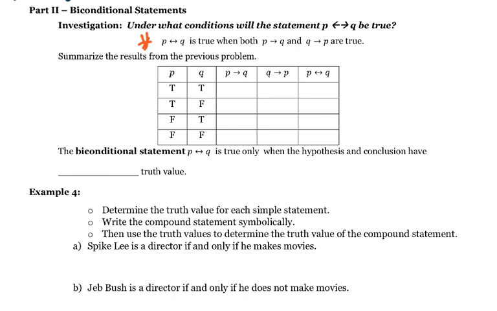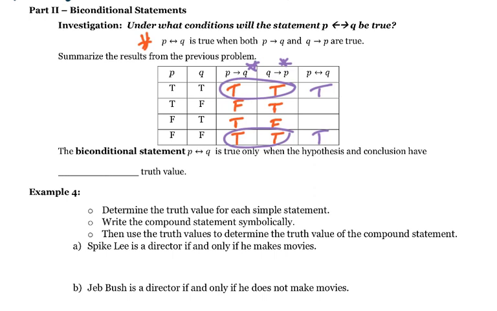For if P then Q, we had true, false, true, true. And then for if Q then P, we had true, true, false, true. So we're looking for the situation when both of the truth values for this one and this one are true. So we have that right here and we have that right here. So that is when our biconditional is true.